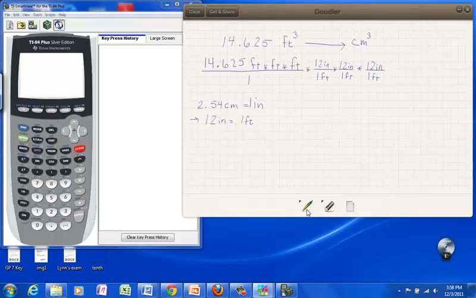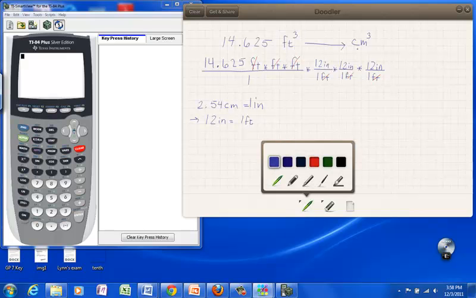Now if I'm canceling, each one of these should match up with 1 in the denominator. So now I have inches times inches times inches, and I want to get to centimeters.